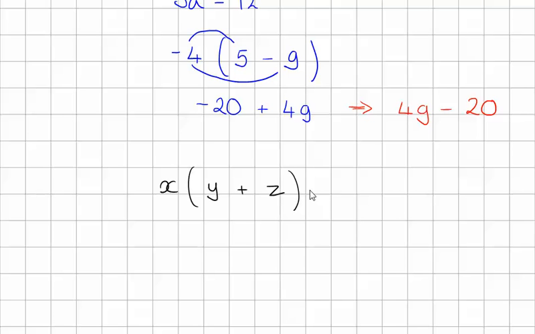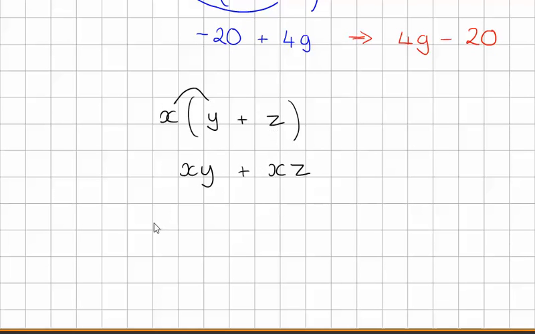But what about something like this? Hannah, let's bring you back in the room and answer a question. It's x times y plus z, so xy add xz. Okay? Simple as that, so you don't forget. One final one before I let you get on.